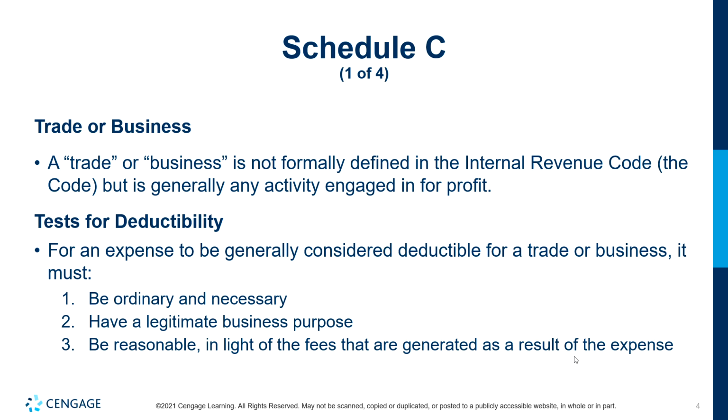Now when we talk about a trade or business, this is not really ever formally defined in the Internal Revenue Code, IRC. But basically it's any activity that's engaged in for a profit.